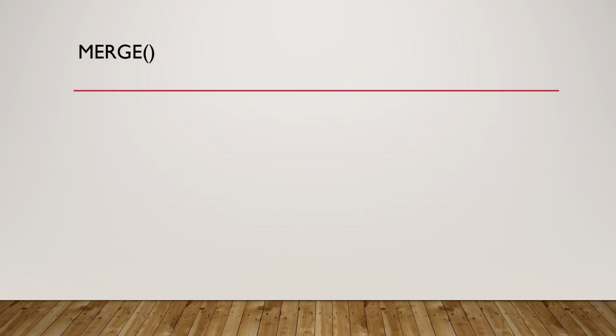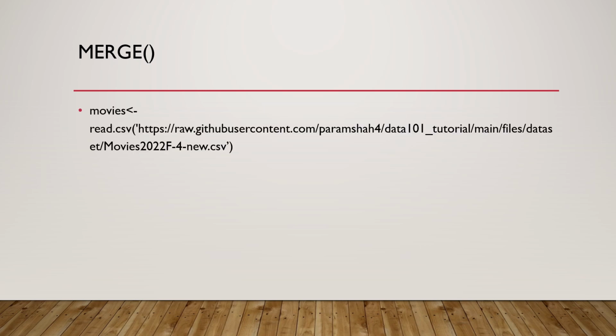Finally, merge. Merge is important when you deal with multiple data frames and you would like to combine information from multiple data frames into one data frame. For instance, hypothetically, one of our data sets which we in fact use is about movies. Movies where we store genre, content type, rating, PG, PG-13, R, and the country where the movie was produced.